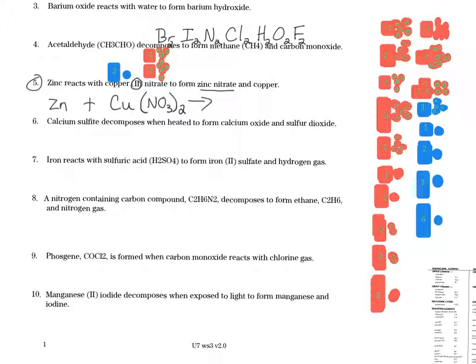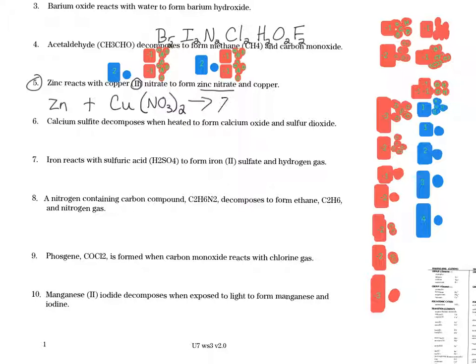So I'm going to grab an atom with a +2 charge right there. Now nitrate, we already know nitrate has a -1 charge, so I'm going to need 1 of those, and then a second one. So now I've got 2 of the nitrates.